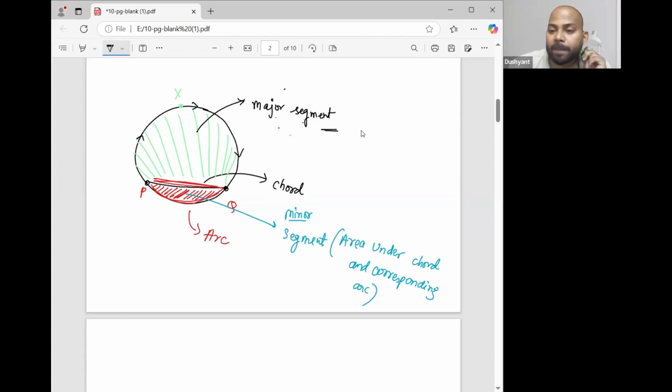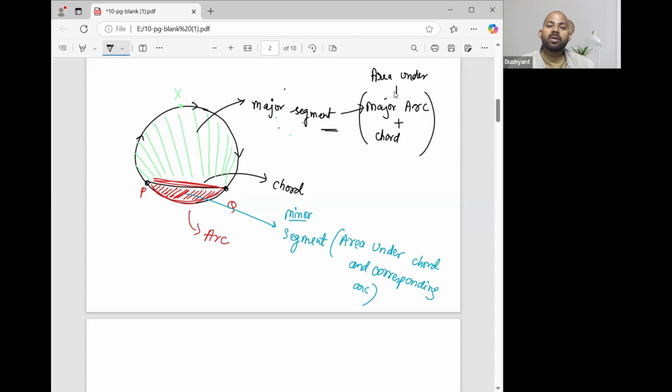Is a major arc a major segment also? Of course, that will be my major arc plus chord. So the area under the major arc and chord is going to be my major segment.